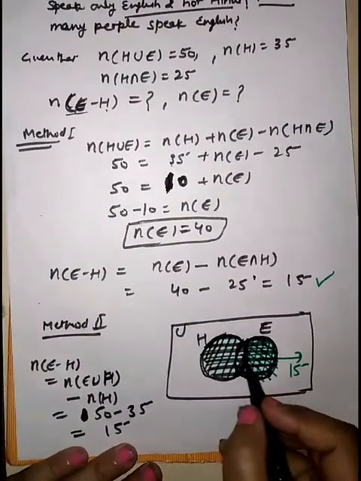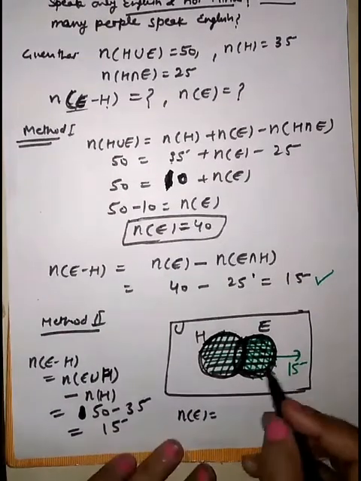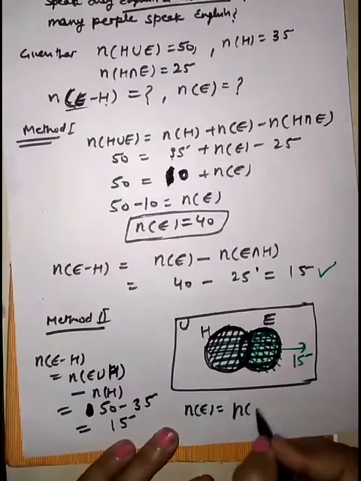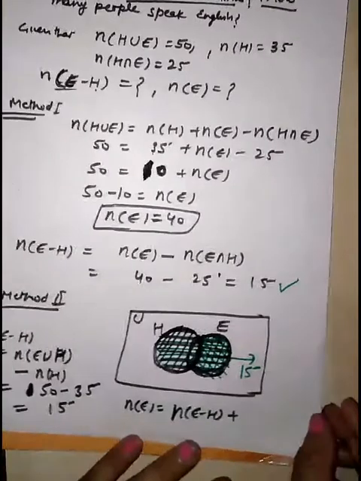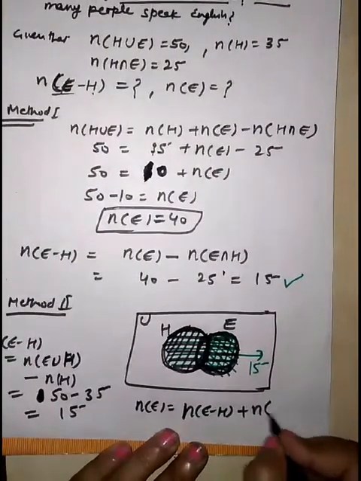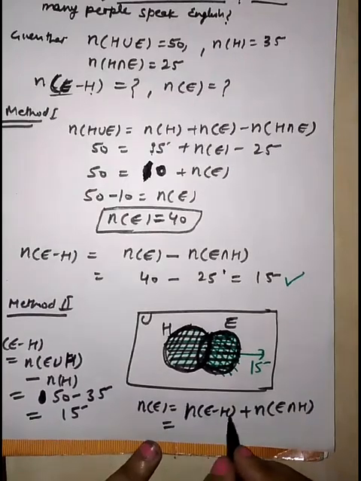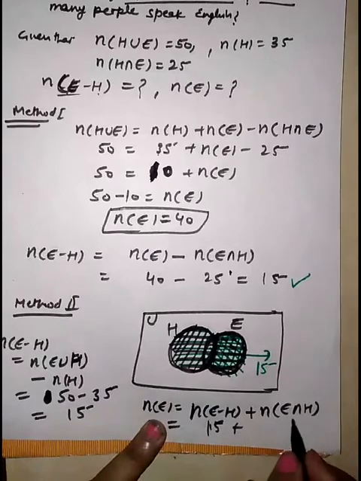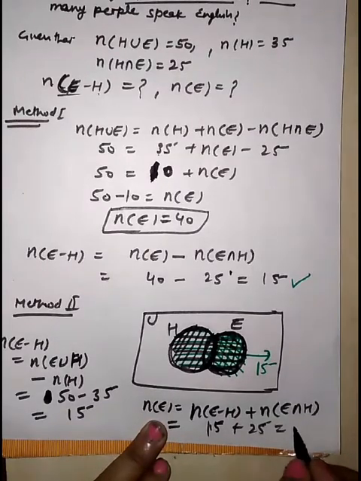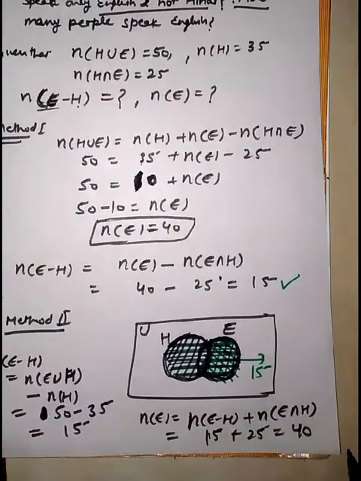So if you want the total, you can write n(A) = n(A minus H) plus n(A intersection H). Here n(A minus H) is 15 and this value is given as 25. If you add both values, you get 40. So here n(A) equals 40.